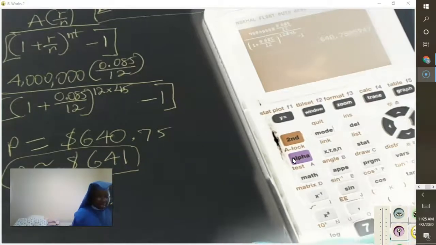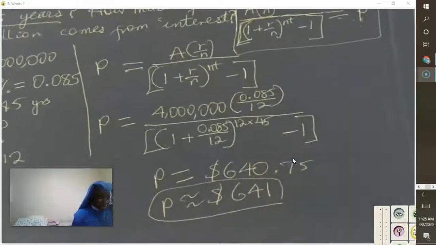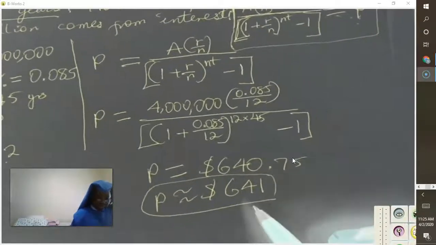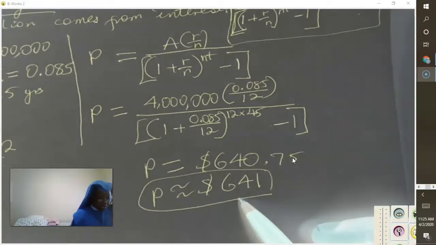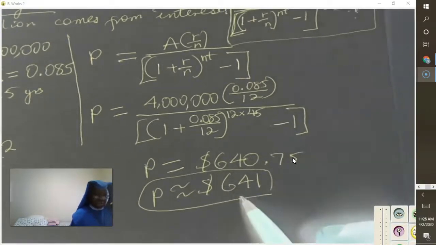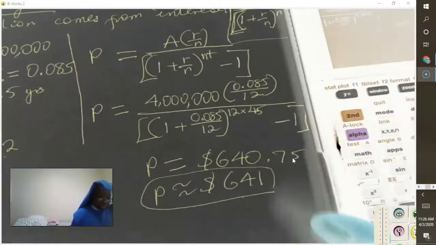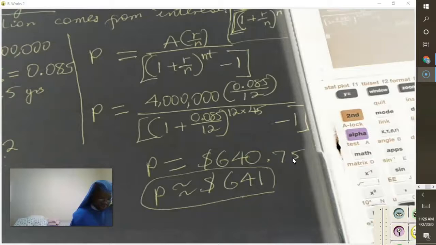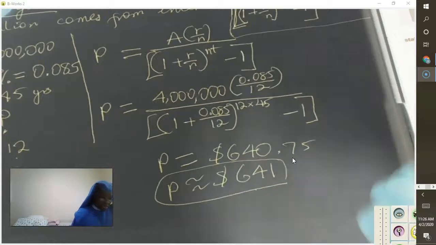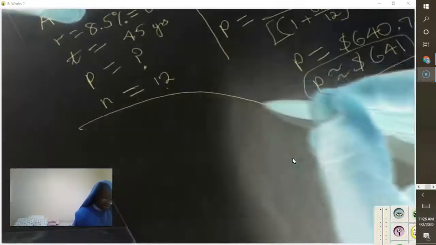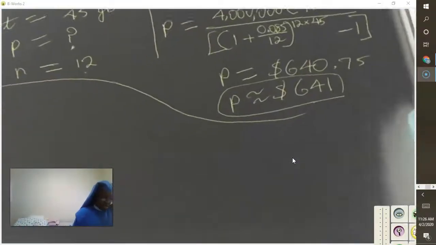Now, it says how much is the interest. So of all the money, to find how much interest is there out of the 4 million, we're going to multiply how much did we deposit altogether. So how much did we deposit? Since it is every month, we have 12 months in a year.